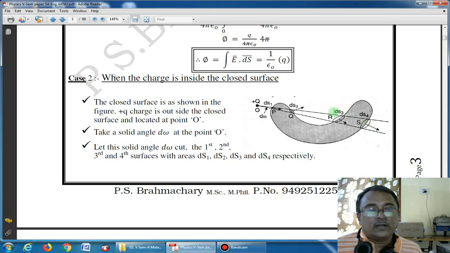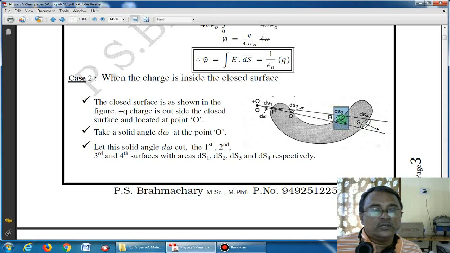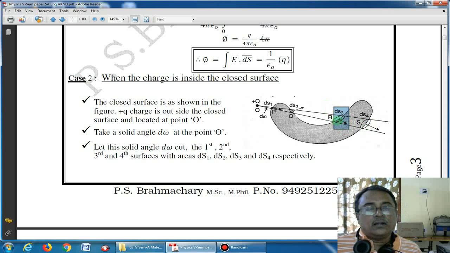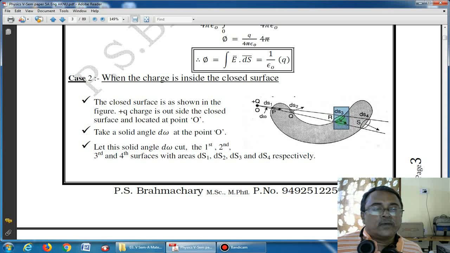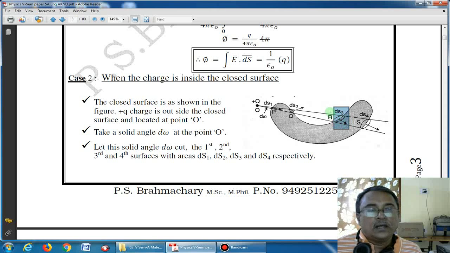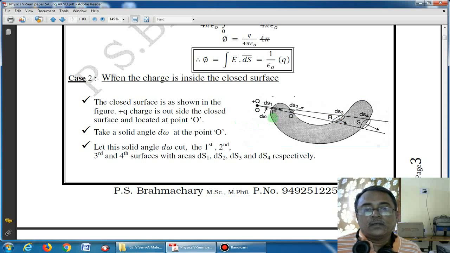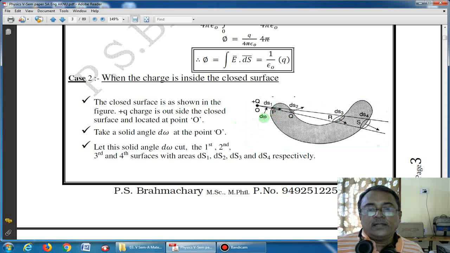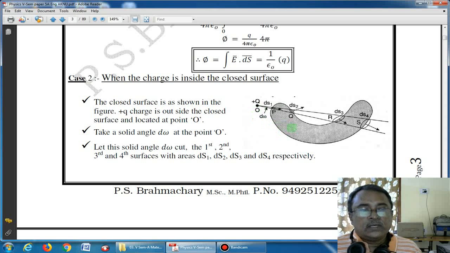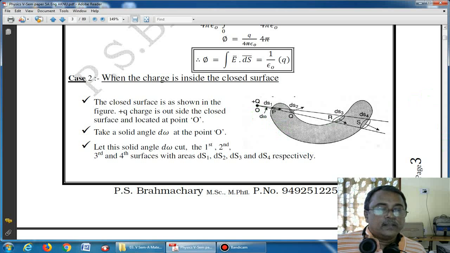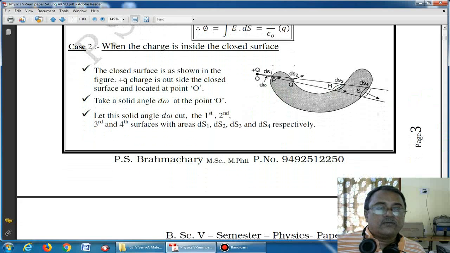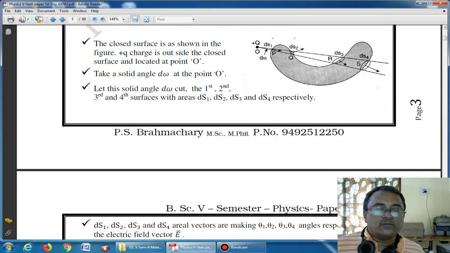Here in the figure, this ds3 is shown into the closed surface, and this is wrongly shown, and this vector should be taken in the opposite side, and all these areas are making the solid angle d omega at the point O. Here we will take each and every equation for all the four surfaces.